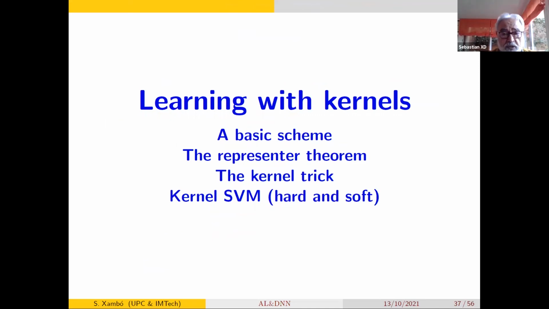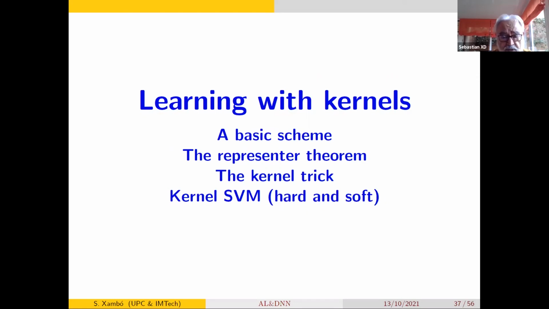Now, the main part, probably from the point of view of algorithmic learning, is learning with kernels. But I couldn't see a way of doing this without refreshing or reminding all the things I have been saying so far.